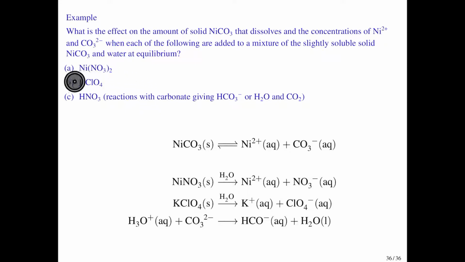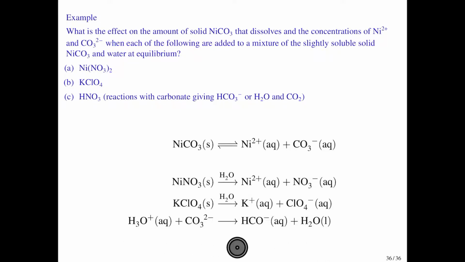What if we added an acid like nitric acid? So here, let's see. So they give us a hint. The nitric acid reacts with carbonate ions to produce hydrogen carbonate and water.